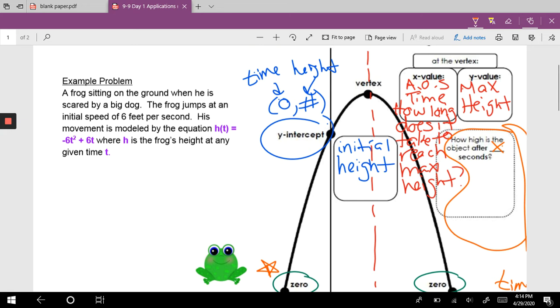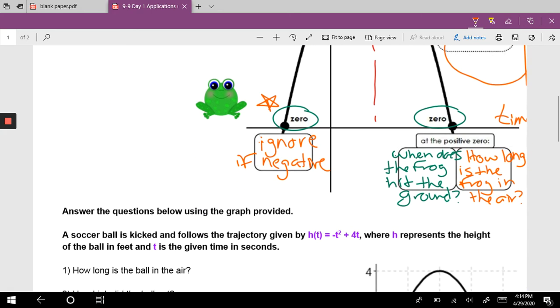What is the frog's height after 2 seconds? Okay, you can plug it into the function or look at the graph for that information, because that's really going to vary on after how many seconds it wants you to apply that. So with all of this, let's do some practice problems.